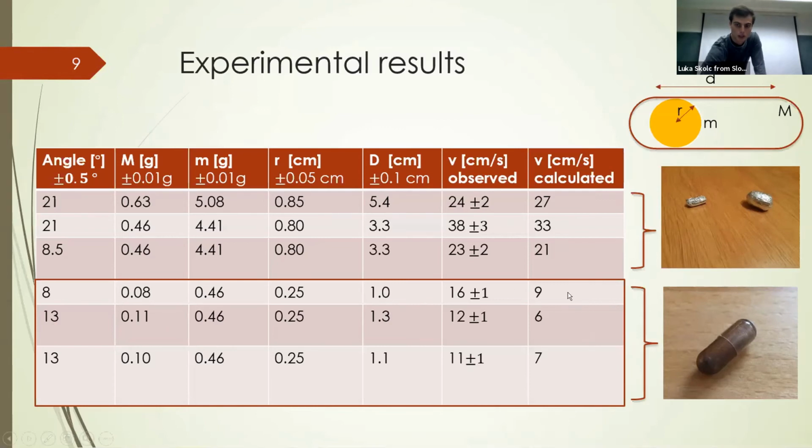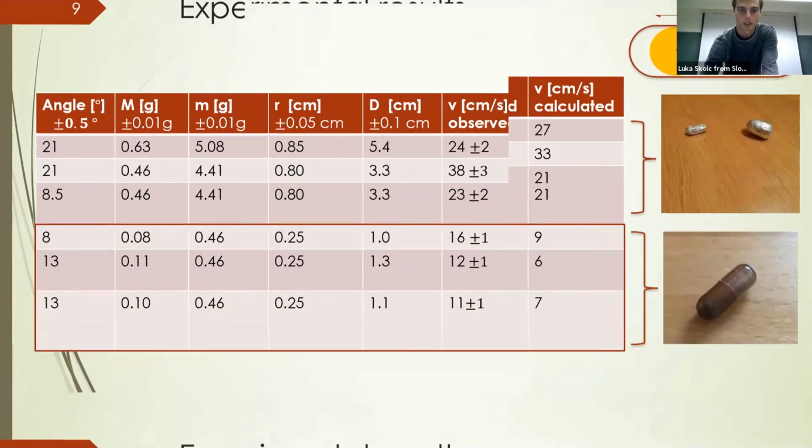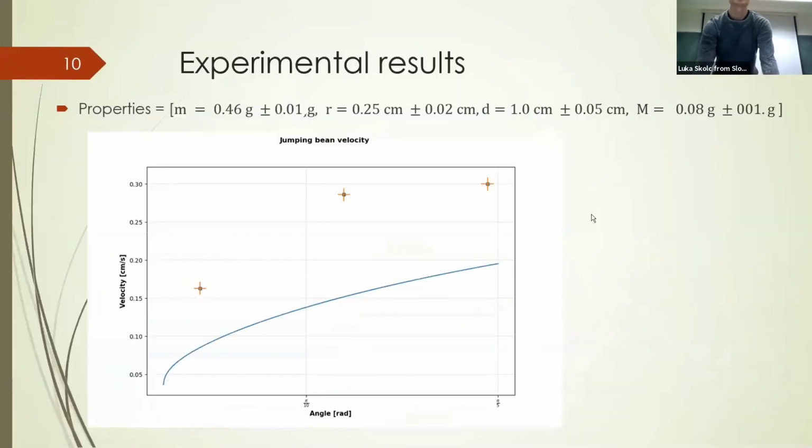Those beans, however, are made of pill capsule and the ball. And slipping here is even more problematic than for the top three. This graph presents beans made of pill capsule and the ball.